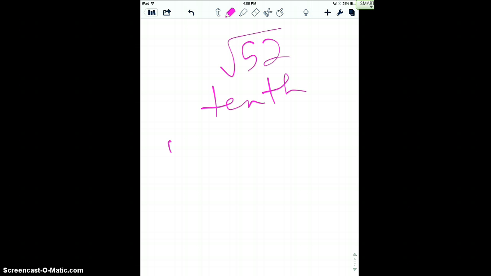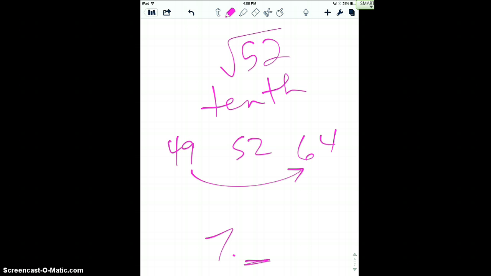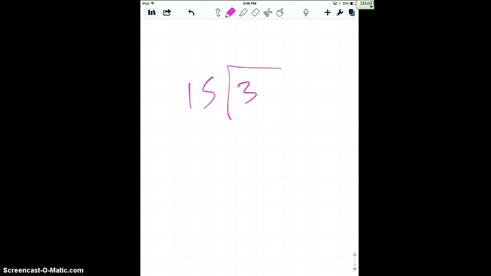We knew it was in between 49 and 64, the perfect squares. So we know it's going to be 7 point something. To get that tenths place, we go from 49 to 64. What's that span? A span of 15. And then to get from 49 to 52, that's a span of 3. So I have the fraction 3/15. So 3 divided by 15 will tell me what tenths place to approximate to.